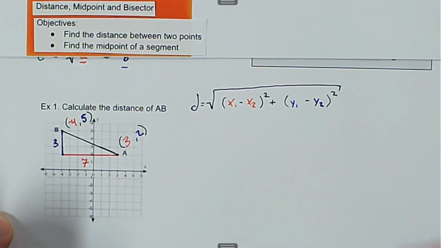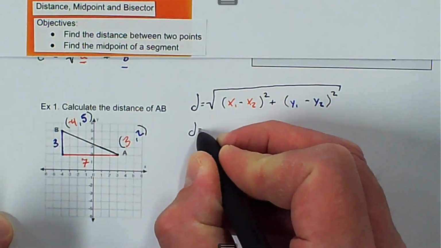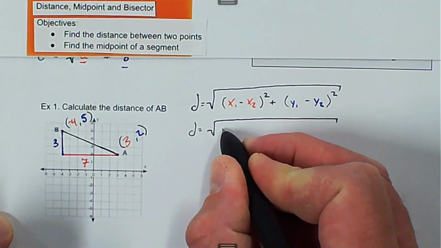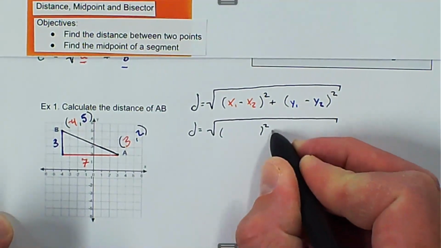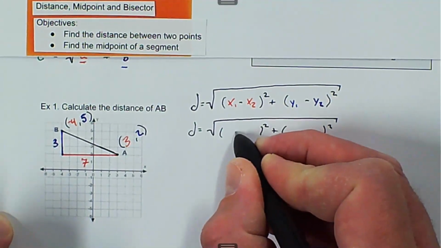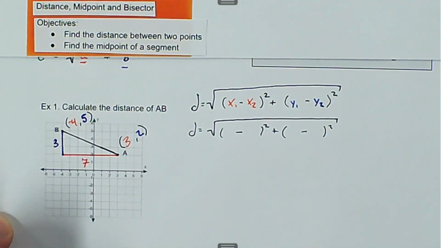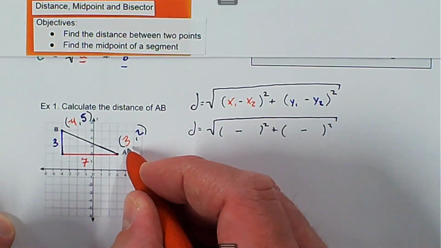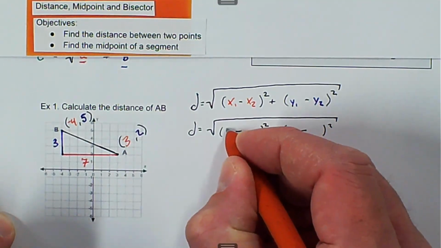Rewrite the formula. Things that don't change, we still have the distance formula. These parentheses are always going to be squared. And the minus sign, I always put the minus sign in the middle because sometimes we add in a negative value and we want to make sure we keep that minus sign. So x sub 1 in this case is going to be 3.